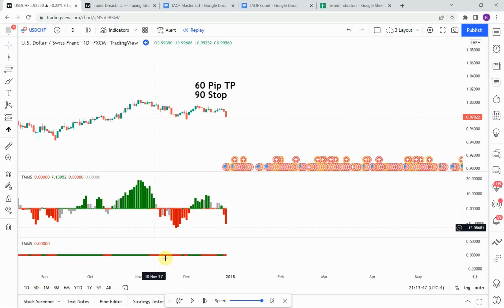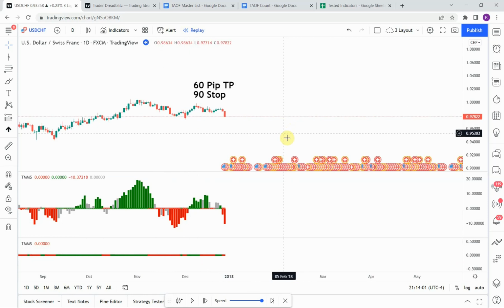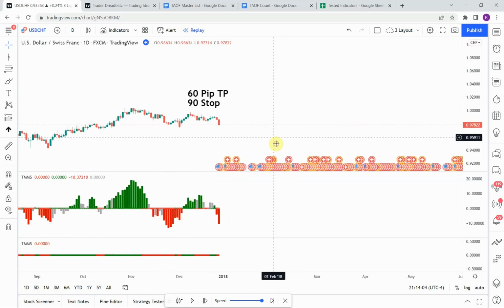When we get those two lined up, then we will go short. On the reverse side, when we get a green bar to the upside and the whole line down here is also green, then we are going to go long. So that's the setup we're looking for. Let's go ahead and get on with the testing and see what we can get out of this.